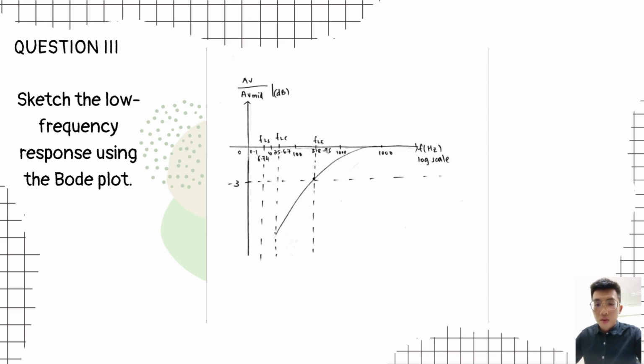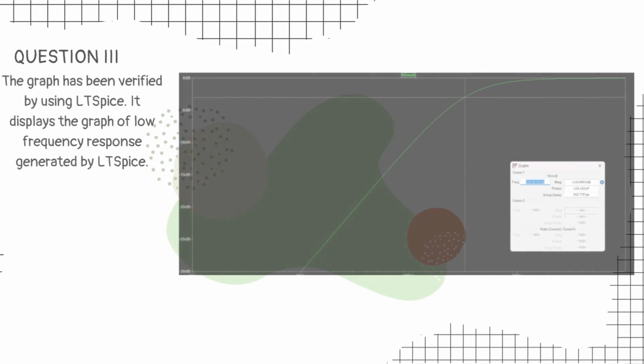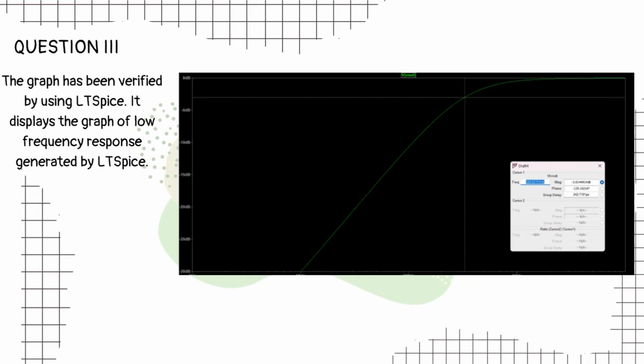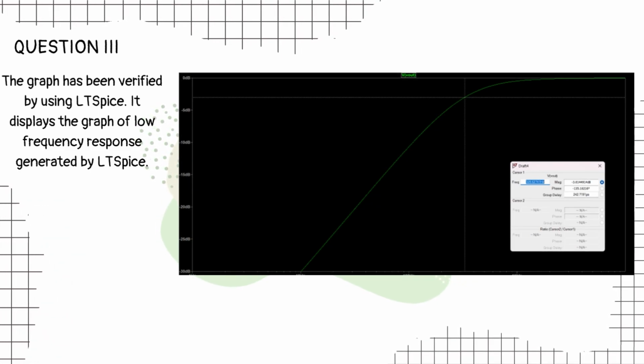For the x-axis, we calculated that FLS is 6.74, FLC is 25.67, and FLE is 318.95, and then this is our graph. The graph is also proven by the LTSpice simulation, and this is our simulation and design of the circuit.